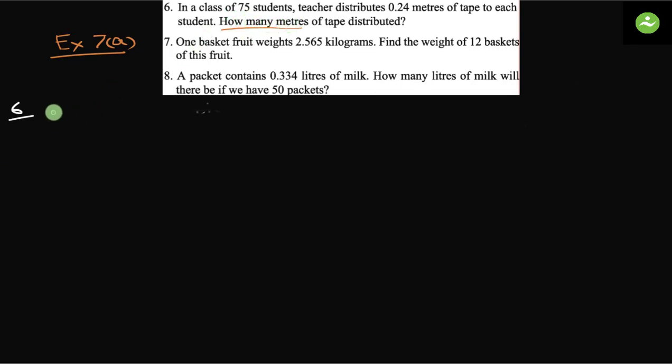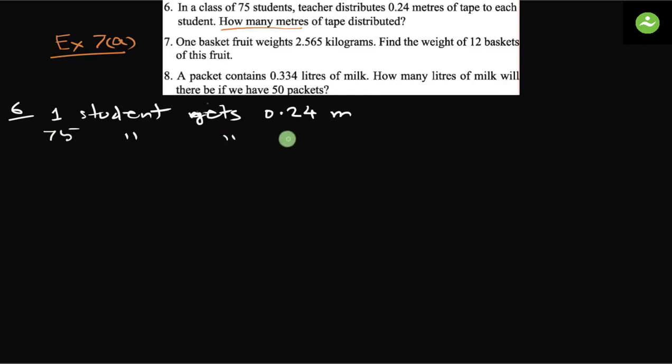One student gets 0.24 meter. We already did the unitary method, a similar method here. So now 75 students get how many?